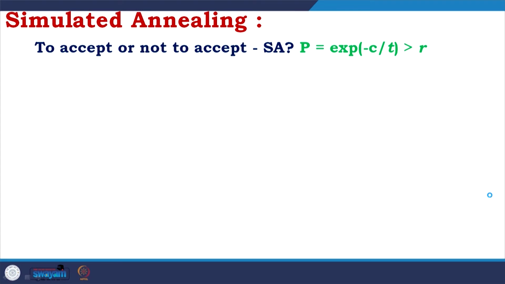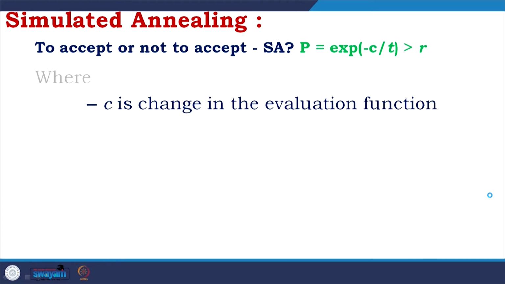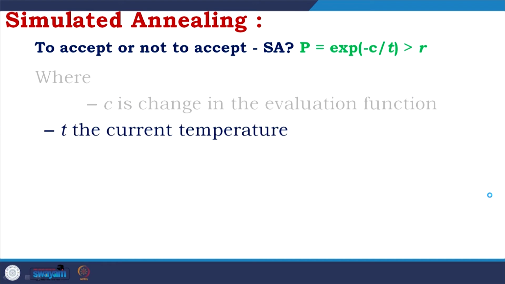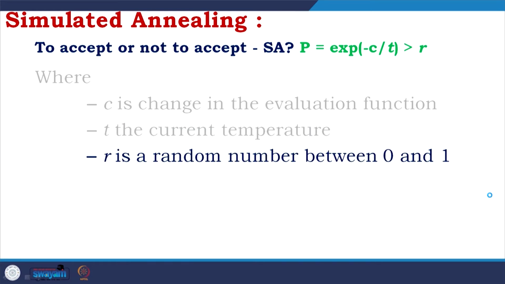So, as I told, to accept or not to accept in simulated annealing, the step probability, exponential of minus C by T, should be greater than R, that should be the condition, where C is the change in the evaluation function, T is the current temperature, R is a random number between 0 and 1.